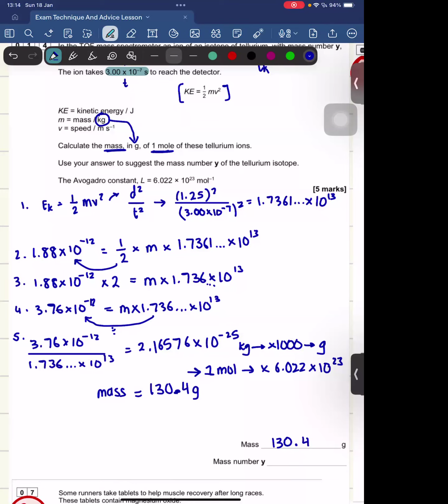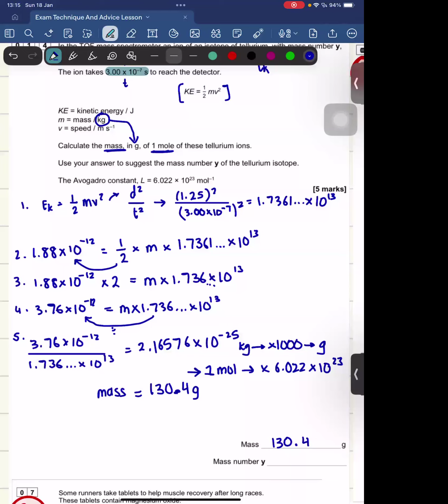Your mass number is referring to that one isotope, right? And it's always going to be a whole number. So mass number is a whole number and it's referring to that specific tellurium isotope, not tellurium element in general. MR, if it said, give me the MR, the relative molecular mass, then yes, I can do it to one decimal point as you see it on your periodic table.